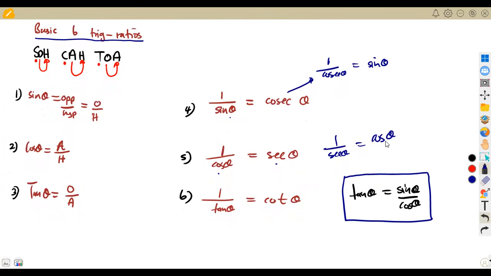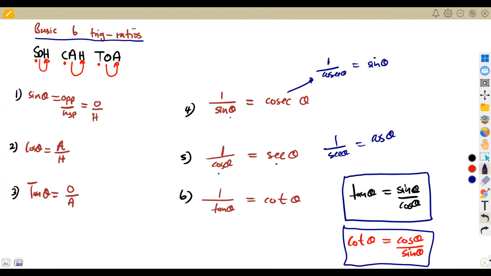So if we said 1 over tan, it's cot. So it means we can write the same way as cot of theta is equal to, which is now, we interchange these two. So it is going to be the cos over the sine of theta in this case. All right, so this is what we can take from the tan of theta.